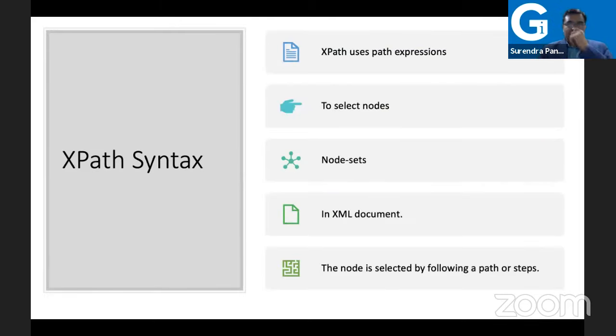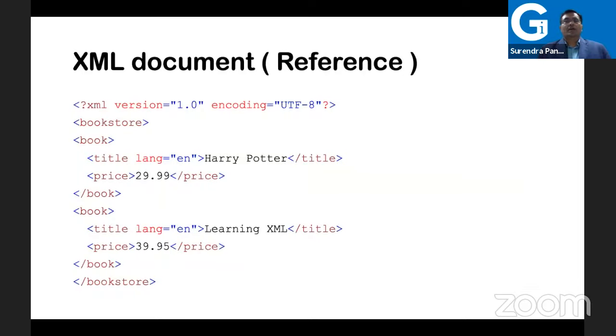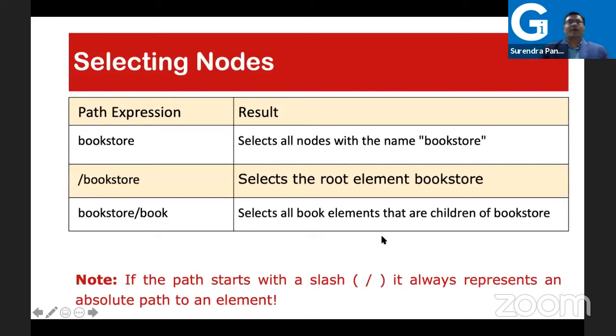Then XPath syntax includes various expressions. We'll understand what the expressions are and how to access the various elements using XPath expressions. That we are going to see now. How do you access a specific element? What is the path expression to select a specific element like bookstore?